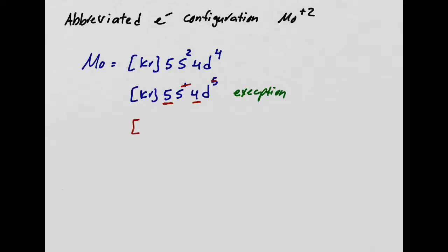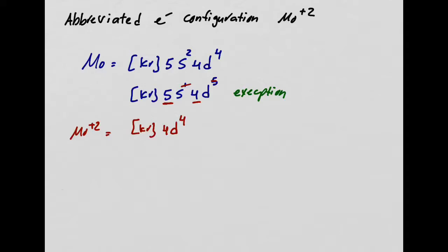So molybdenum +2 would be Kr, the 5s is going to go away, and I end up with 4d4. So again, you lose from the highest N. I lose one from here, but I needed one more, so I have to go to D now and lose from there. Okay, ready for next problem?